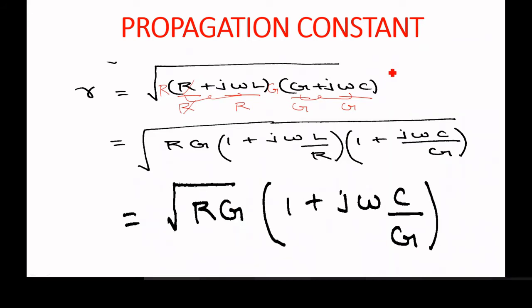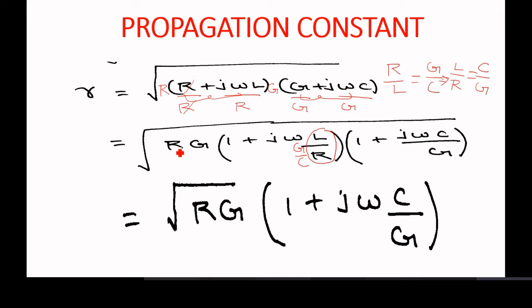How have I written this expression? If we take R by L equal to G by C, then taking the reverse, L by R is equal to C by G. In place of L by R, if you substitute C by G, we get 1 plus j omega C by G into 1 plus j omega C by G. These two terms are the same, so the square and root get cancelled.